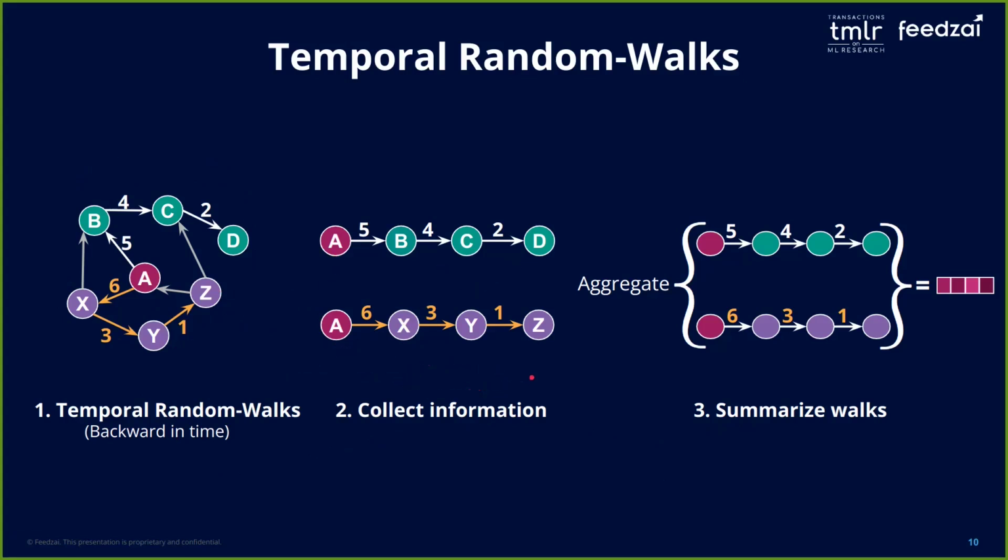Then while doing these walks, the engine could collect the features from the traversed nodes and edges, and after that, one can aggregate this collected information to generate an embedding or representation that represents the node A. Such an approach suffers from high latency due to the time needed to execute the walks and then summarize them.